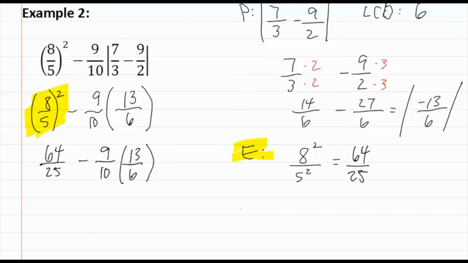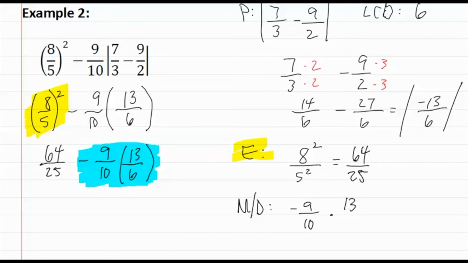Now our exponent step is complete, and we can move on to multiply and divide. We see that this is a multiply and divide, or specifically multiply. Remember, if there's no symbol between two things, it means multiplication. So we actually have -9/10 times 13/6, which we can then reduce. 3 goes into 9 3 times, and 3 goes into 6 2 times.